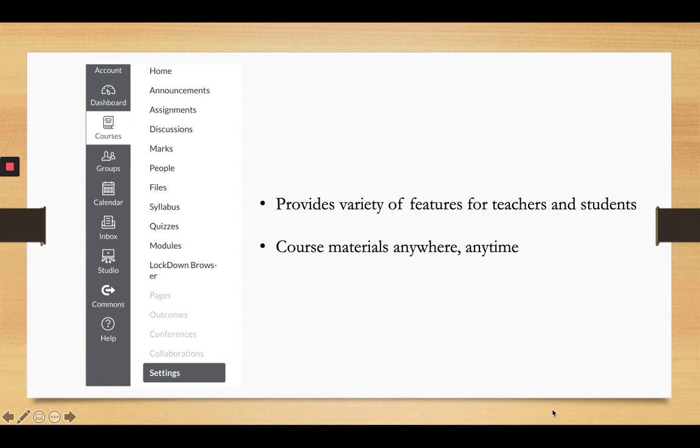In this particular example, teachers can communicate their expectations through announcements and the syllabus, deliver content via files and modules, and measure students' performance with assignments and quizzes. Students can communicate via email, discussions, and collaborations, and track their performance in the Marks tab.